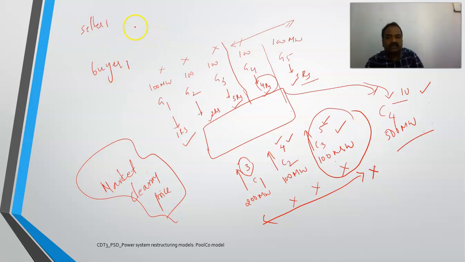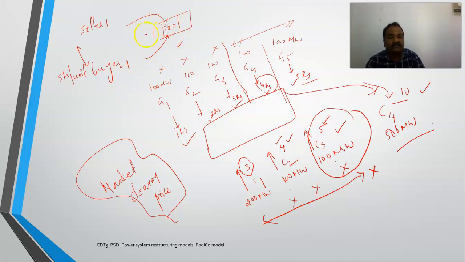This buyer will buy the power from the pool itself, and the seller is also selling through the pool itself. But they have an understanding between them that they are going to trade power at 5 rupees per megawatt, 5 rupees per unit. They will still follow the policy of a Poolco market: they sell the power in the electricity market and buy the power in the electricity market.